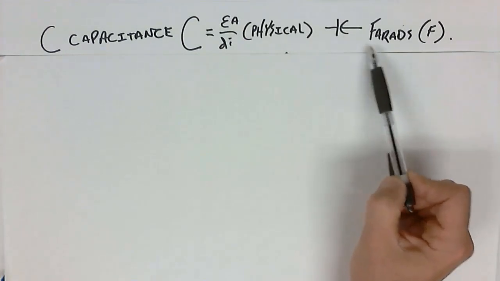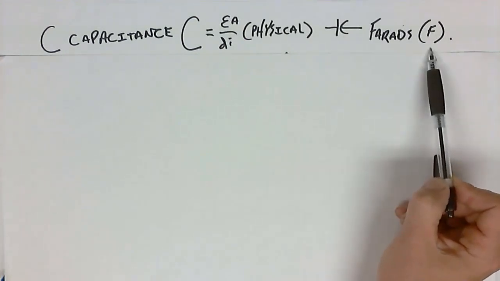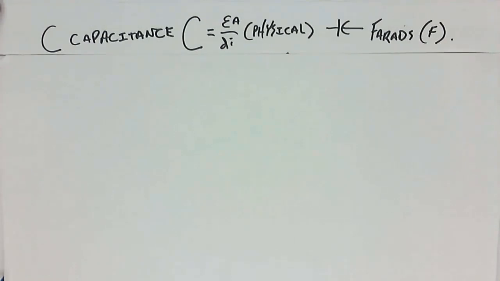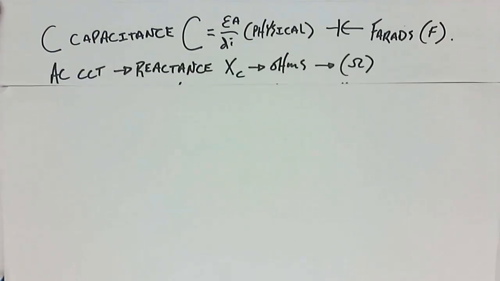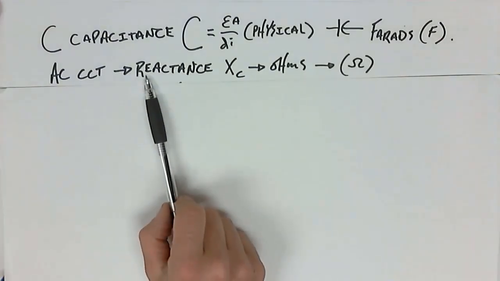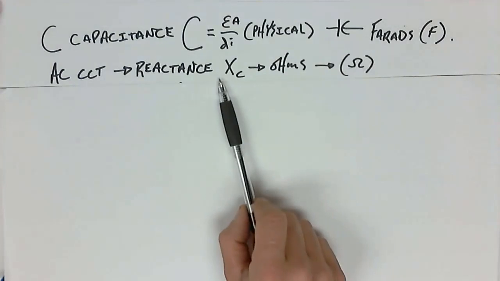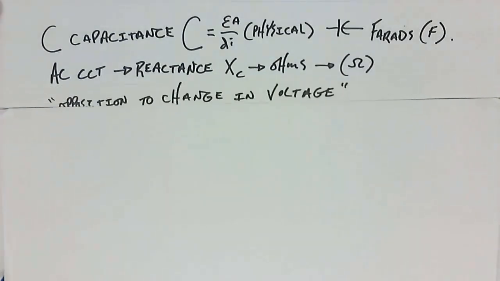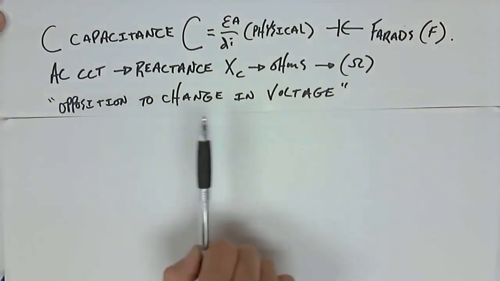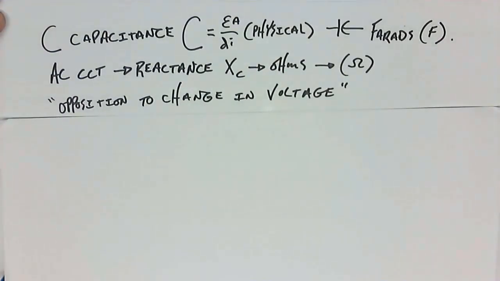The symbol looks like this, and it's measured in farads, which is an F. Much the same as inductors, AC circuits will have capacitors react in a certain way, which we measure in ohms, XC. The definition of a capacitor is its opposition to a change in voltage. That is the definition of the characteristic of a capacitor. It will oppose a change in voltage.